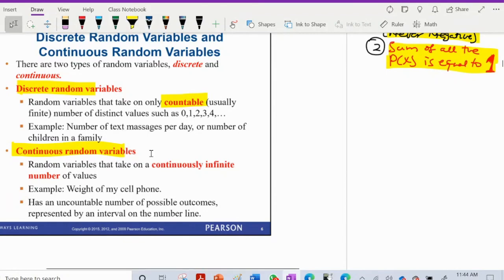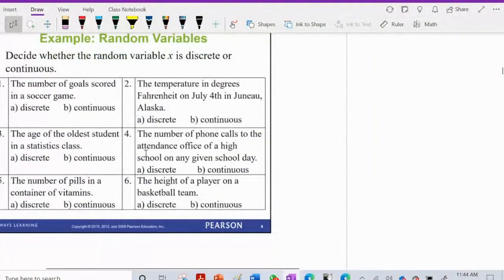All right, so let me take you through some examples here. Maybe Brianna, can you read number one? The number of goals scored in a soccer game. Good. So it says number of something, right?